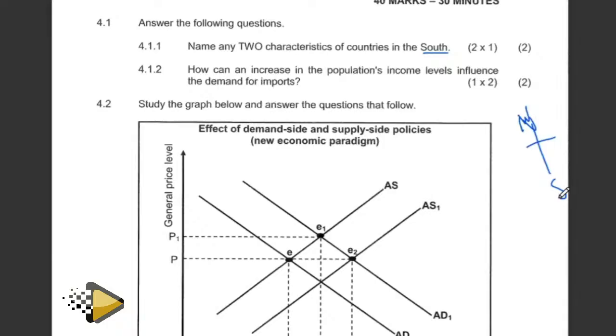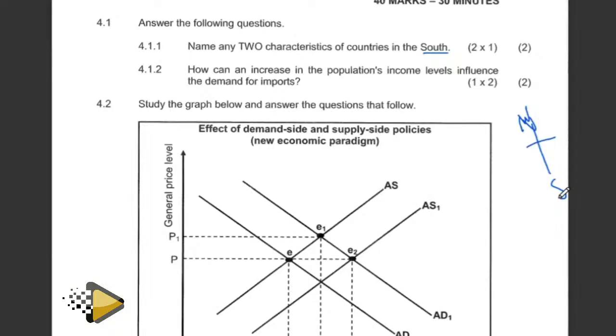Most of the time they spend on inferior goods when they have lesser income. But the moment the population has higher income levels, there's going to be a demand for normal goods. And if there is higher demand for normal goods, that is going to influence most of the local people to buy goods and services from other countries.